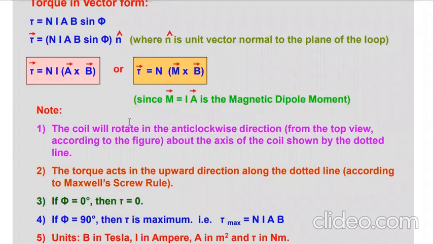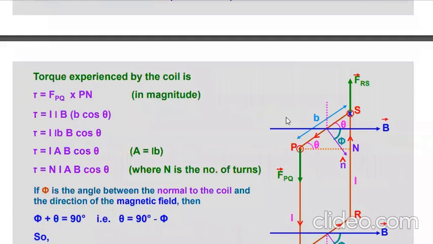So the coil will rotate in the anti-clockwise sense from the top view according to the figure. If one looks at this coil from the top of the plane of the figure, then they will observe that the coil would rotate in the anti-clockwise sense.